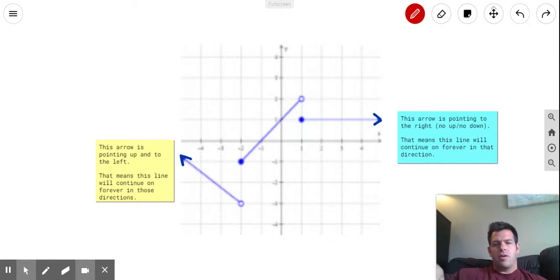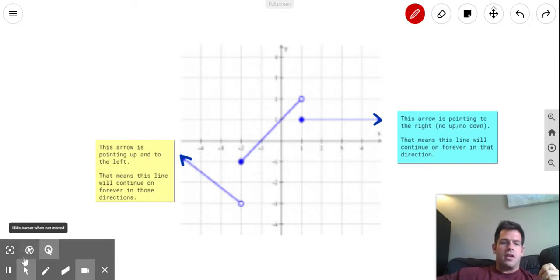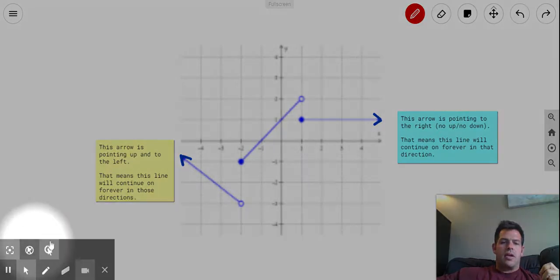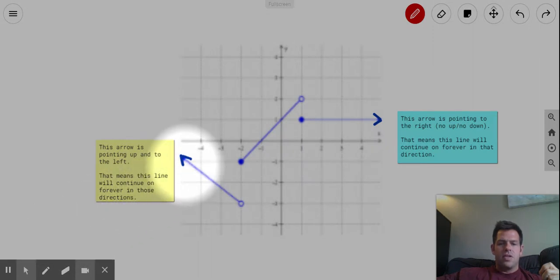One thing I want to point out in this particular video is the usage of our arrows. Here, there's an arrow pointing off to the left and upwards, and we want to use that to our ability when we look at these pictures.